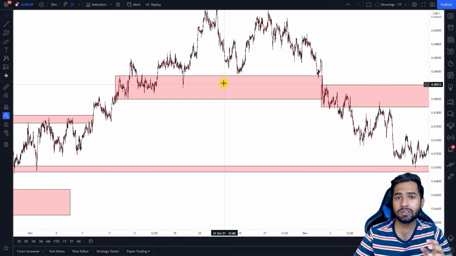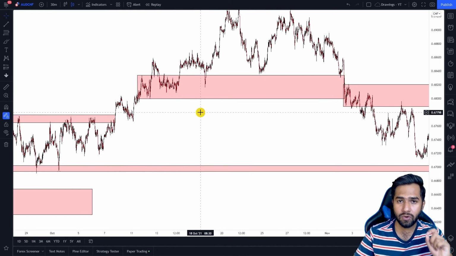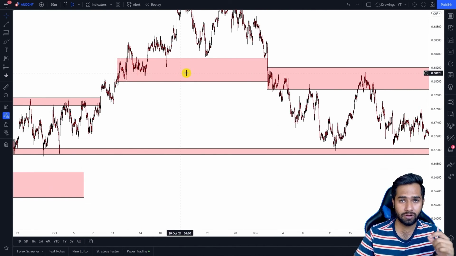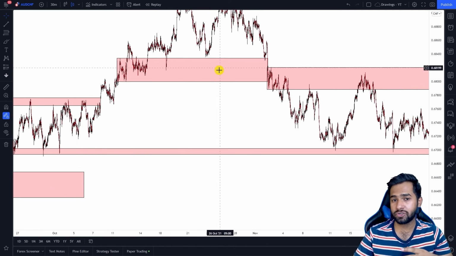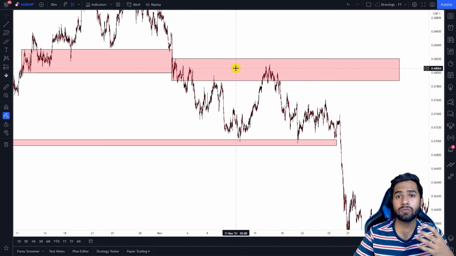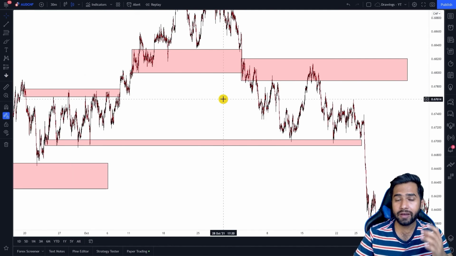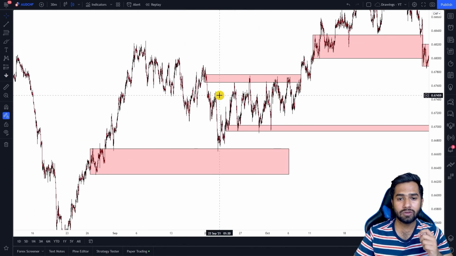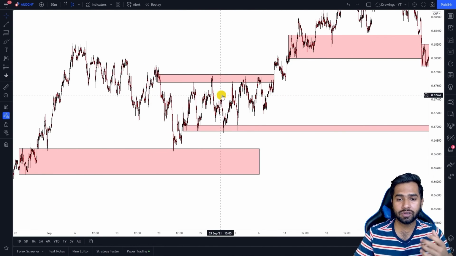And another thing you should keep in mind is that the more the market tests a zone, the weaker it becomes. This zone is not going to be valid forever, so with time it will become weaker and weaker the more the market tests it, and finally the market will break this zone somewhere in the future. This was an important thing that you should keep in mind.